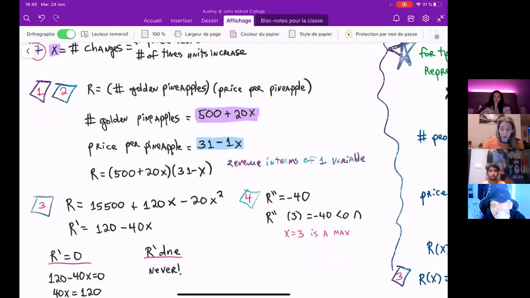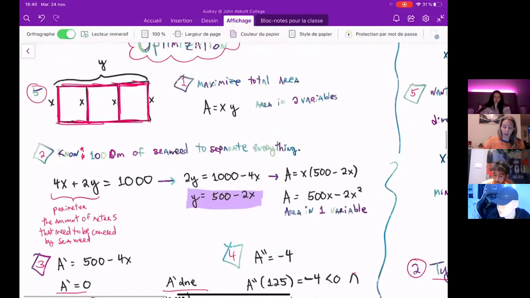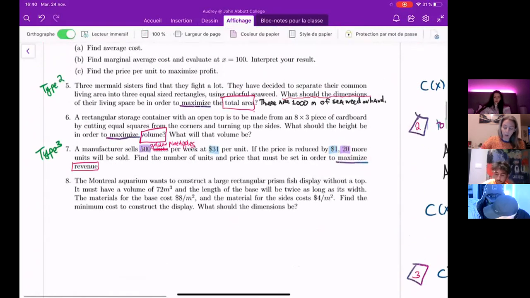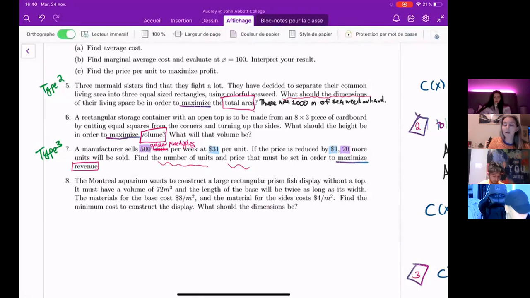So we've got to be really careful in these type 3 questions because x will not be the units. So when we're going to question 5, we need to keep in mind that x is not the number of pineapples. So what is this question actually asking? I want to find the number of units and the price that must be set to maximize revenue. We just found the number of changes to maximize revenue.